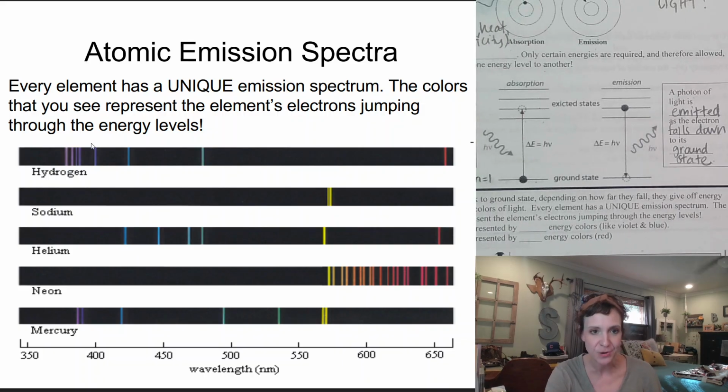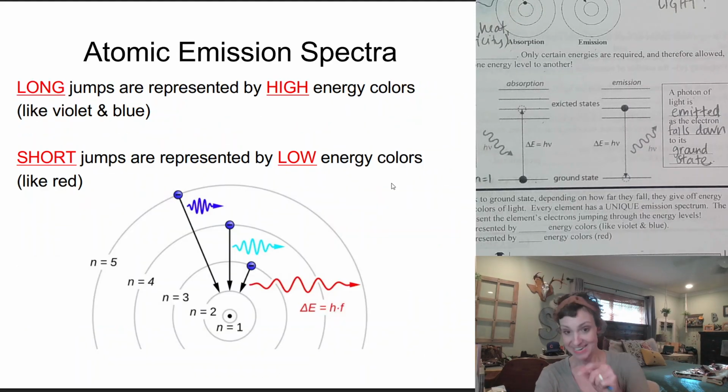So this is crazy, you guys. Look at the hydrogen one right here. We know hydrogen is atomic number 1. That means he has 1 proton, and he also has 1 electron if he is a neutral atom of hydrogen. And these are the specific bands that just that 1 electron can make jumping through the energy levels. Now, we showed in our picture that we're going to probably go back to here in a second. Yes, here it is.